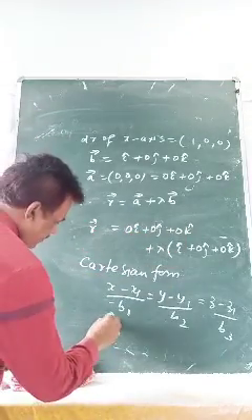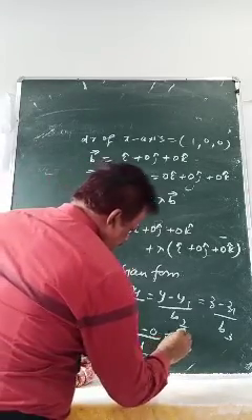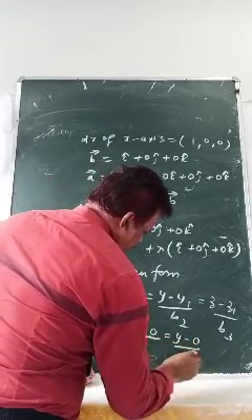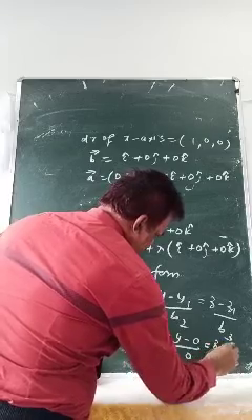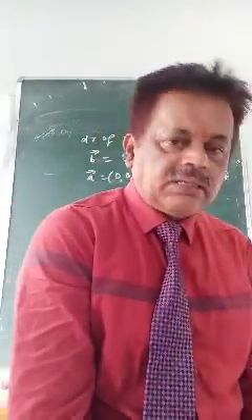So this is (x minus 0) by 1, (y minus 0) by 0, (z minus 0) by 0. This comes as a short question.